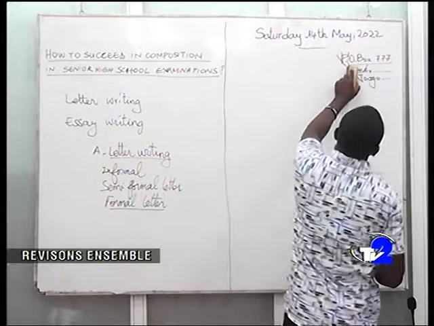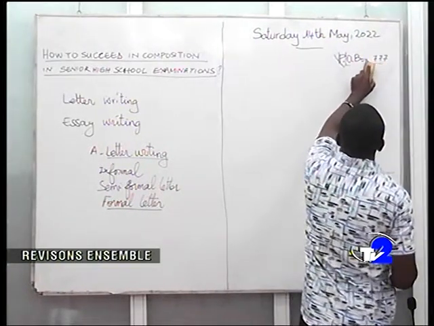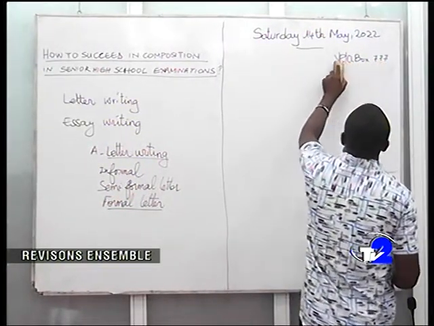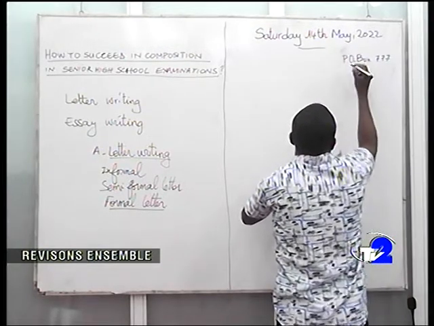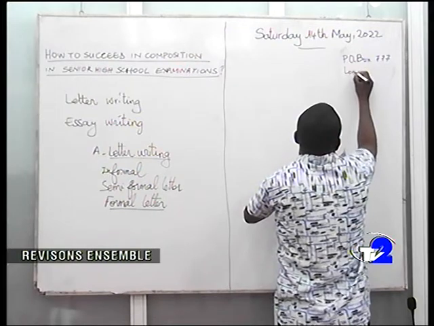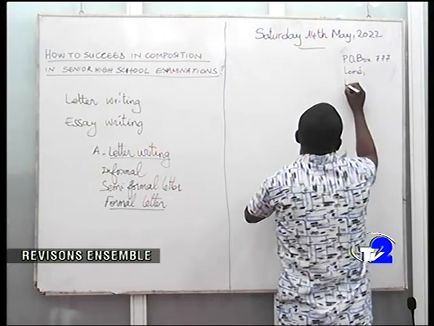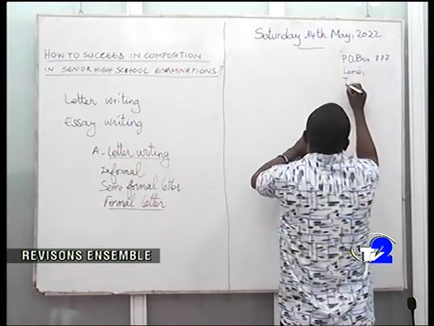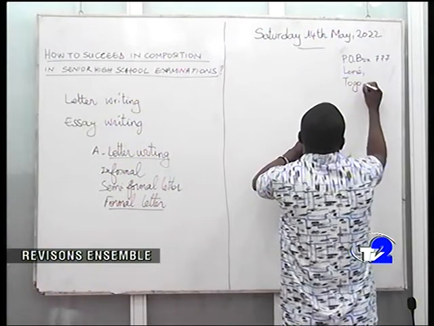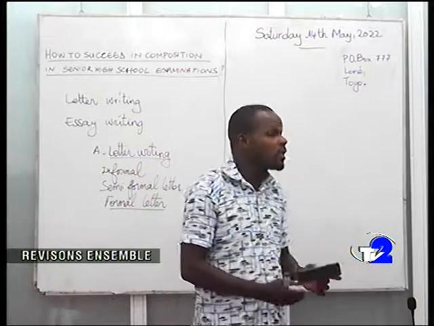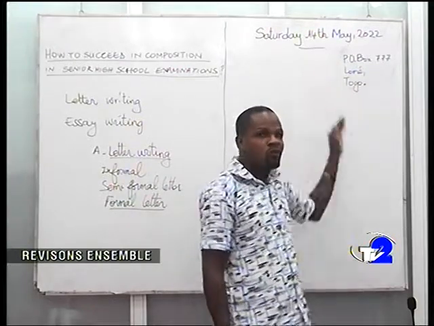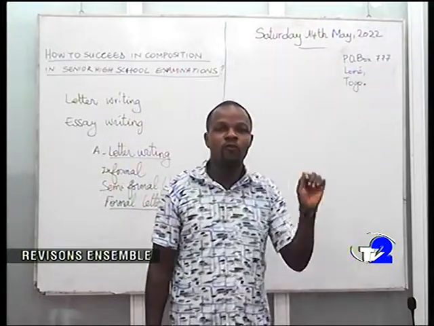Now the correct one, the one I used to write and I recommend you write, is this. Just write it like this: Lomé, Togo, and full stop. What must be kept in mind here is that the last word of your address should carry a full stop.